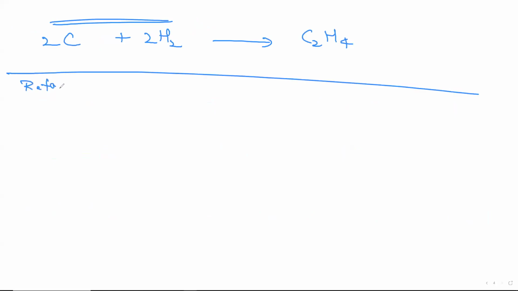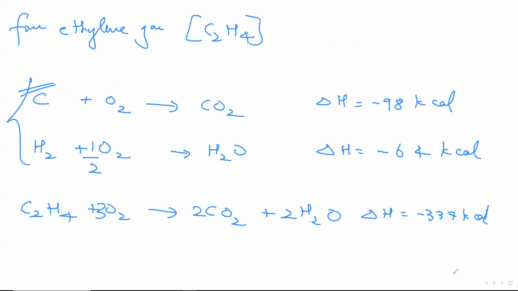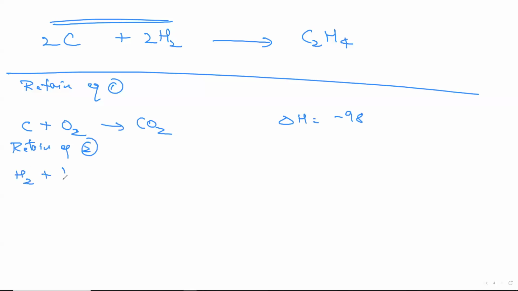Retaining equation 1, it becomes C plus O2 gives you CO2. For this, the value of delta H is equal to minus 98. Then we'll again retain equation 2. Please make sure you guys have the right statements. H2 plus half O2 gives me H2O.